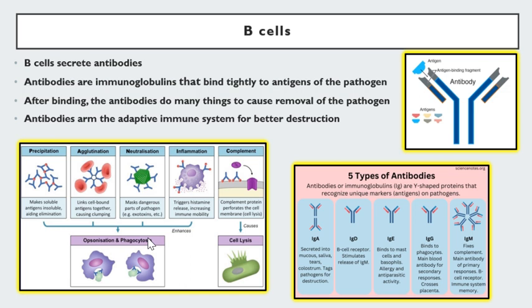But what I want y'all to know is that, if there's a specific type of response, and you see later on in the course, oh, this is dealt with by an IgA response, you know what an IgA is: that it's a type of antibody. That's all I really want y'all to know.